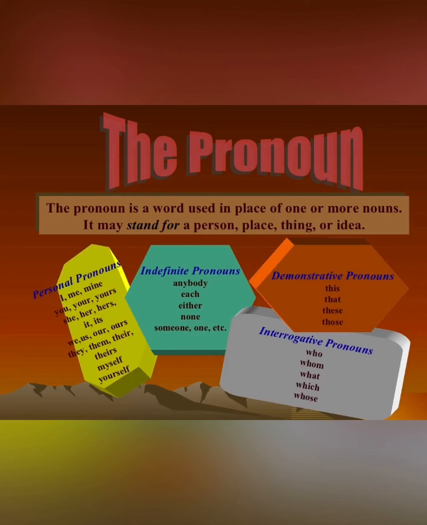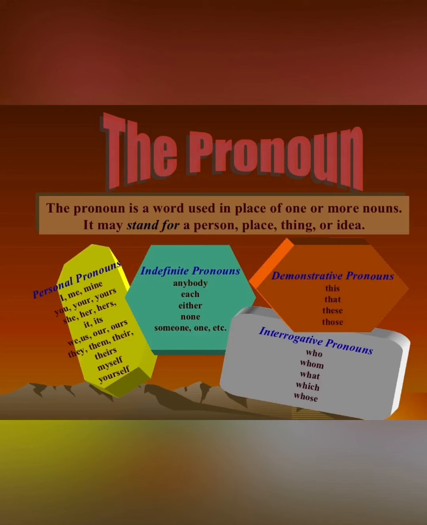Here we have number 1, personal pronouns. Personal pronouns are used as a substitute for a person's name. There are two types, subjective and objective pronouns. That is, they either act as the subject of the sentence or the object of the sentence. As the subject of a sentence, they are I, you, he, she, it, we, they.